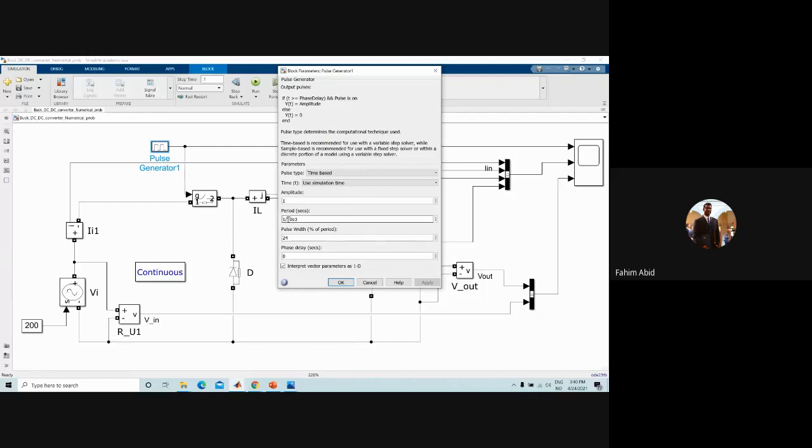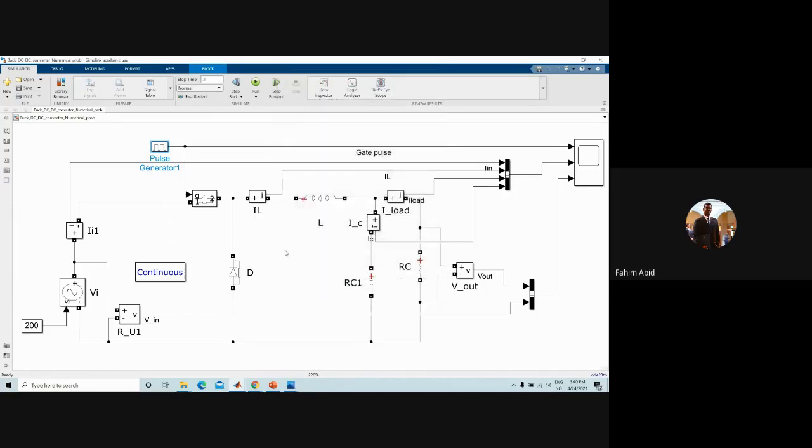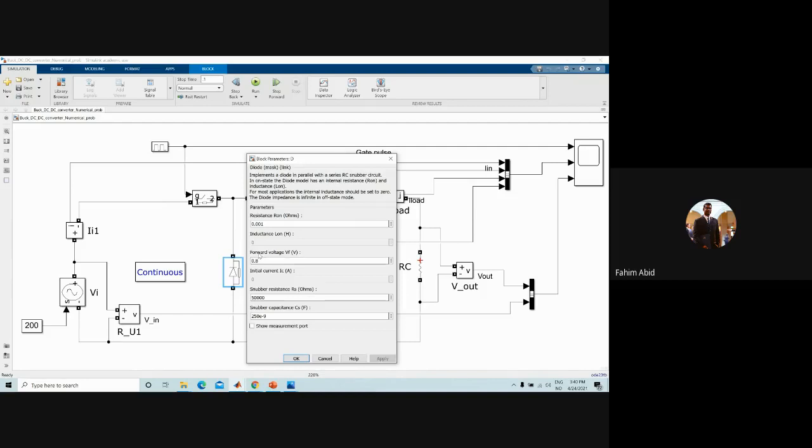The Fs value for our example was 50 kilohertz, that means 50 times 10 to the power 3, and our pulse width is 0.24, so it's 24%. This is our input voltage of 200 volt, and then this is our diode. Here you can specify the forward voltage of the diode, 0.8 volt, and the on resistance of the diode.